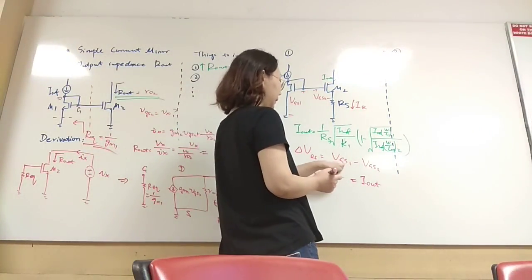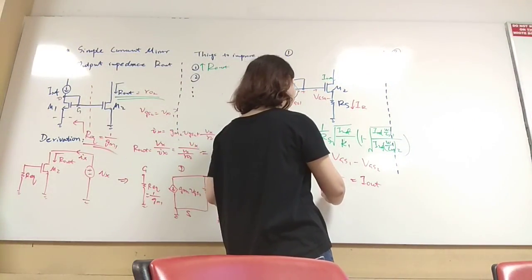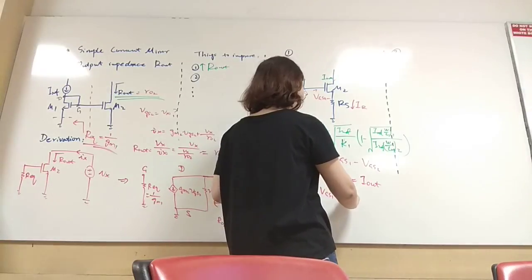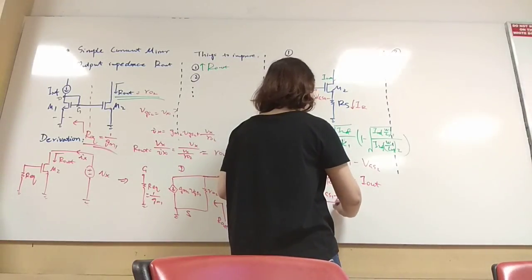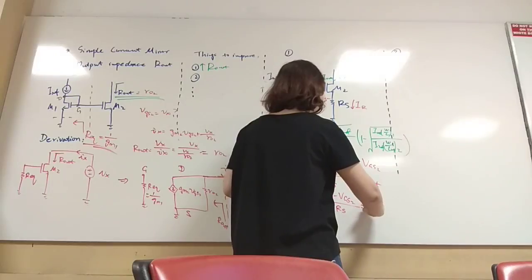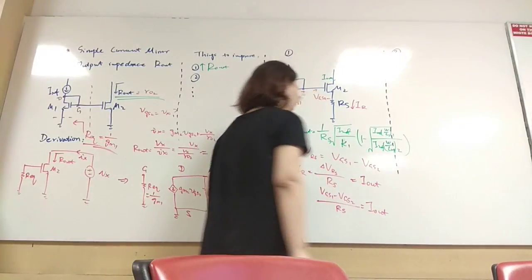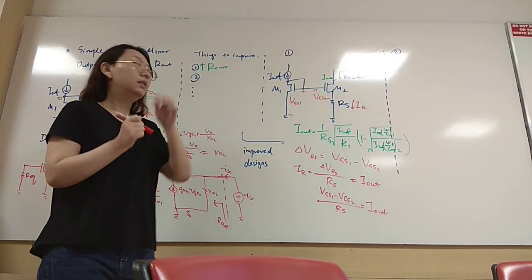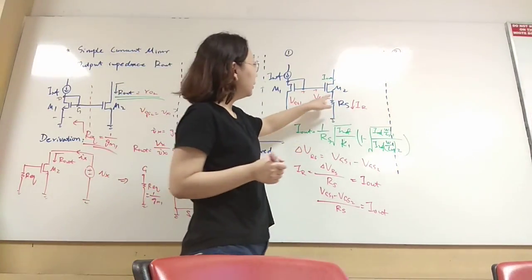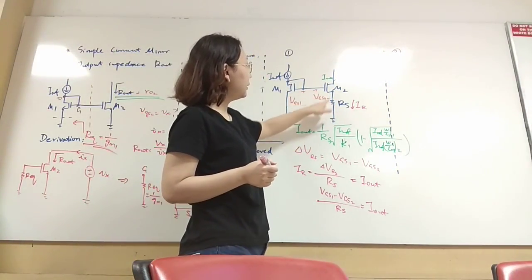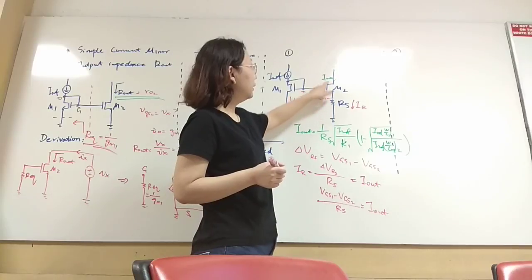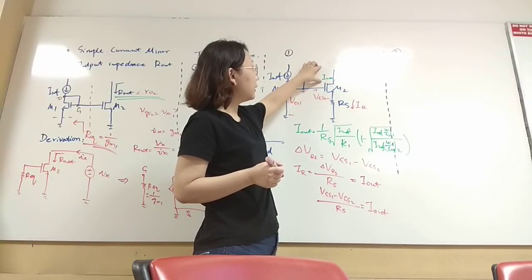Okay, so if I sub this one into here, it will be VGS1 minus VGS2 over my resistor equals my I out, because the current flowing through this resistor is the same as the current here, right?